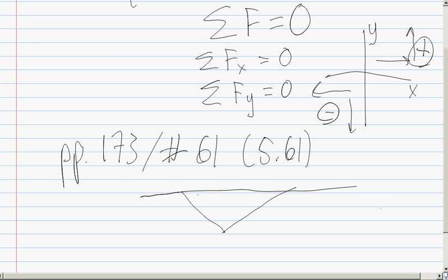One of them is at 60 degrees, one of them is at 40 degrees, and they're holding up an object here. First they ask us to draw a free body diagram of all the forces on the knot, this thing right here.